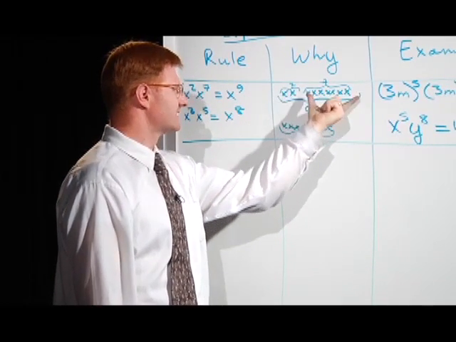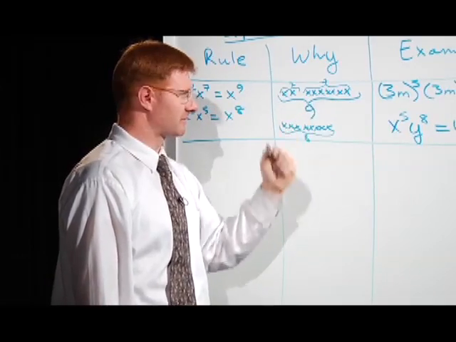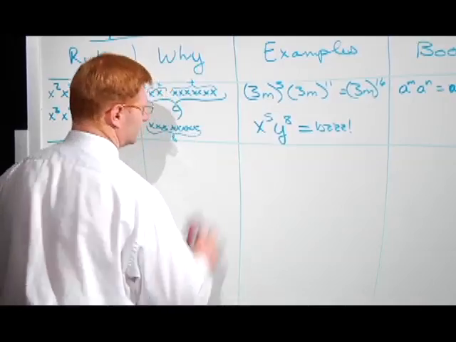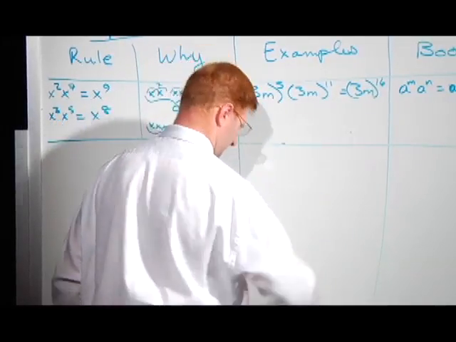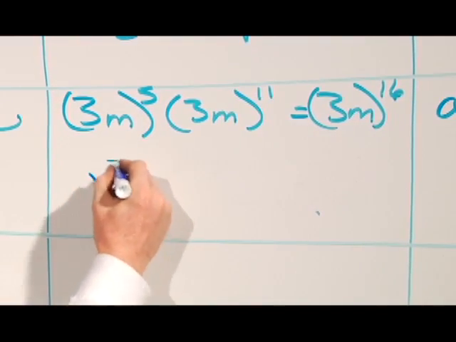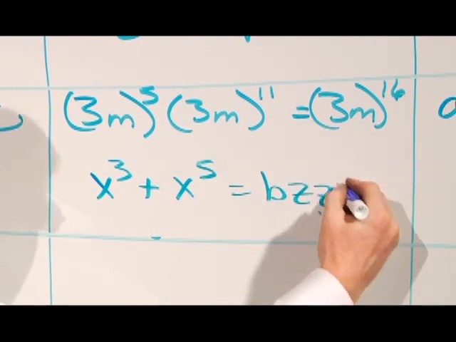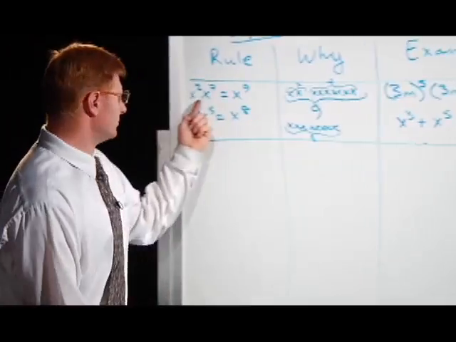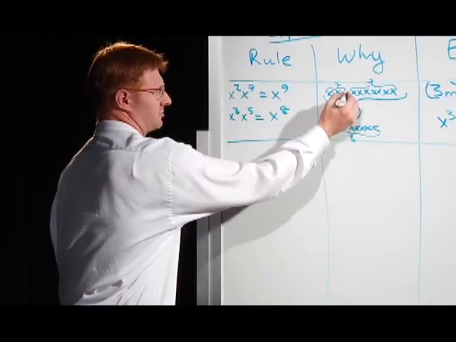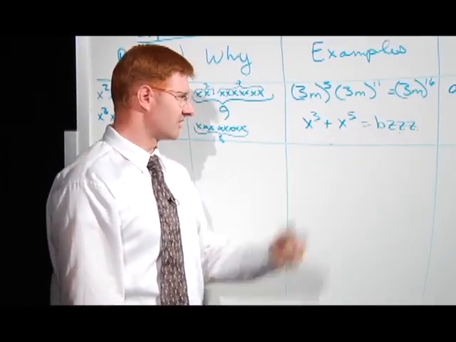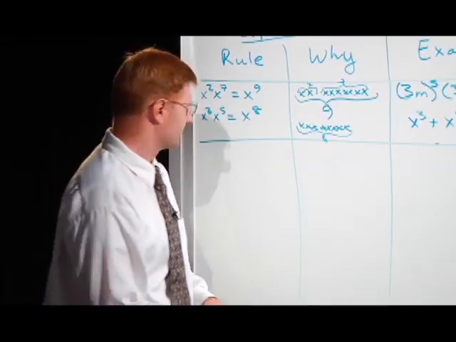You can't have 2 y's and 7 x's and have anything multiplied by itself 9 times. Another good one is to make sure they realize these rules only work if this is multiplication. If you are timesing them, you don't do anything with this at all. And we'll come up with that a little bit later.